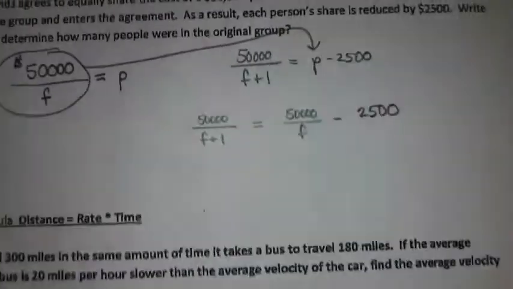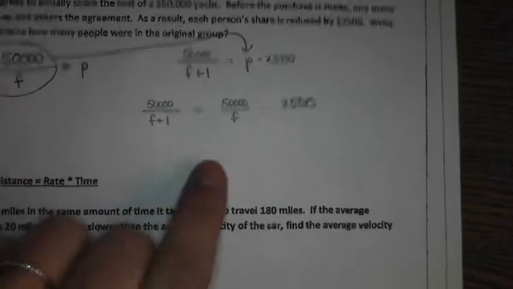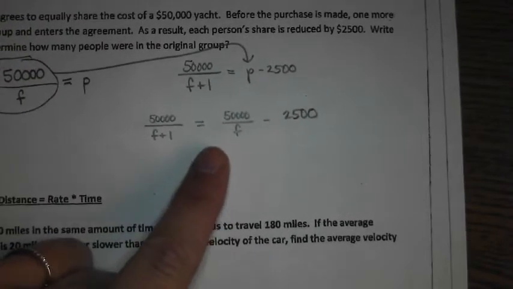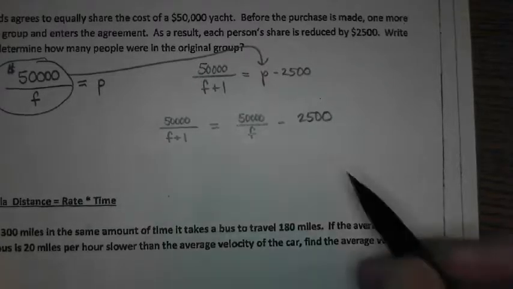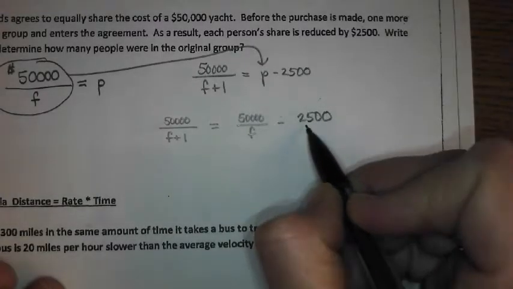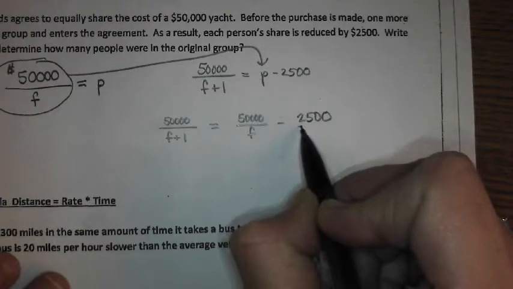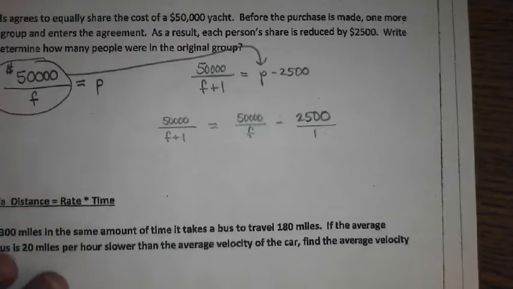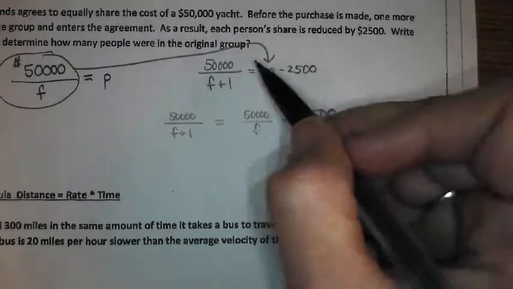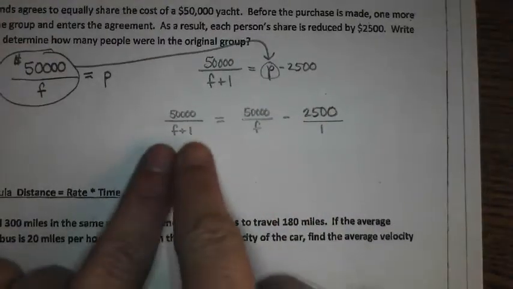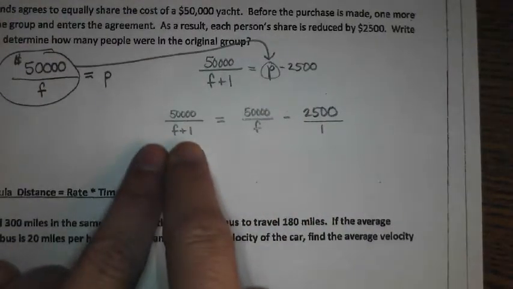And it's a rational equation, and I'm solving for F. So as far as solving, we're not going to do it all the way out, but the 2,500 goes over 1. And then what does this one need to accomplish the common denominator all the way across?